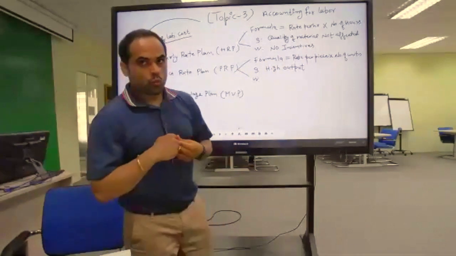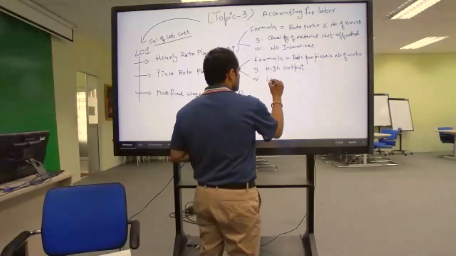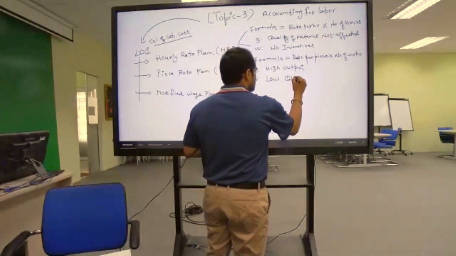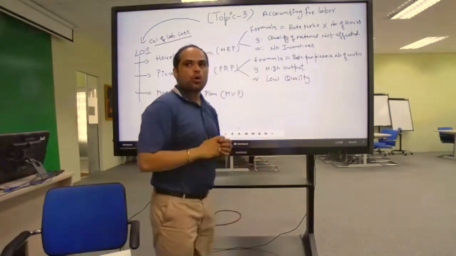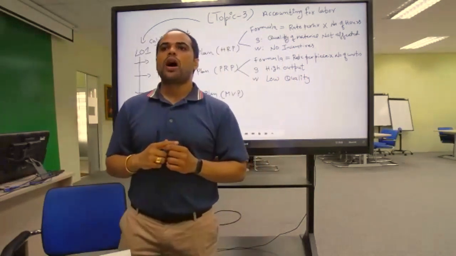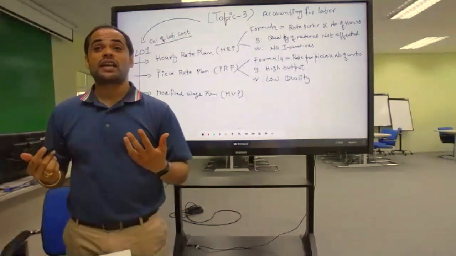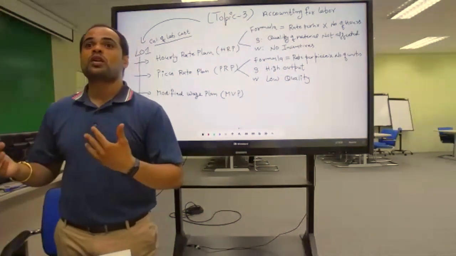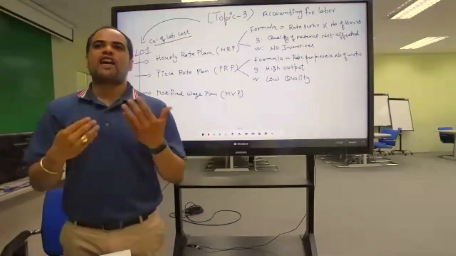The weak point of this method is low quality. Quality of product will be reduced. Why? Because workers are willing to produce more and more products, so they work on producing faster.